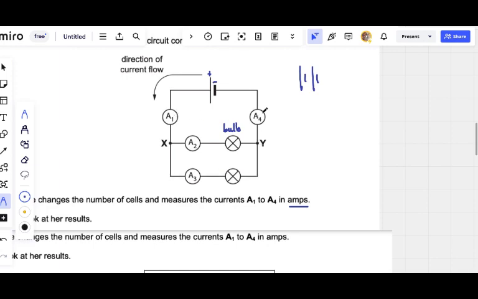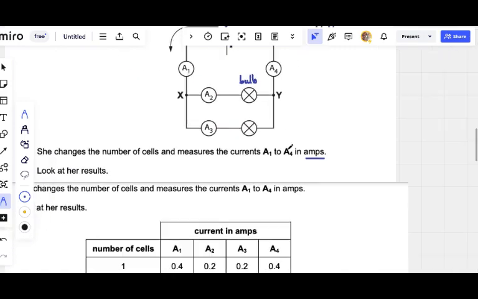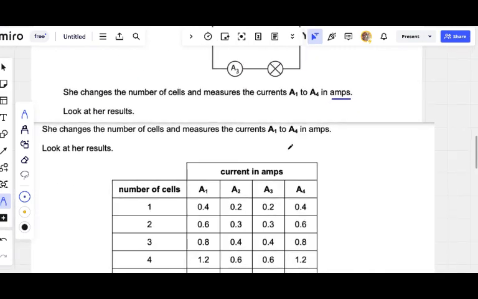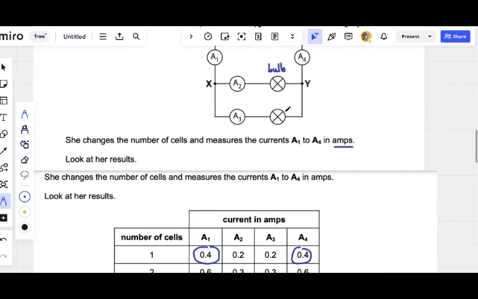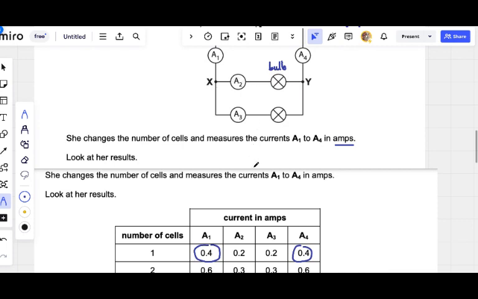So the value of A1 is usually equal to the value of A4, right? So that's what you see here. A1 is 0.4 and A4 is also 0.4. When it gets here, it splits in half. They split equally, meaning the bulbs have the same value. That's why the current splits equally to 0.2, 0.2.